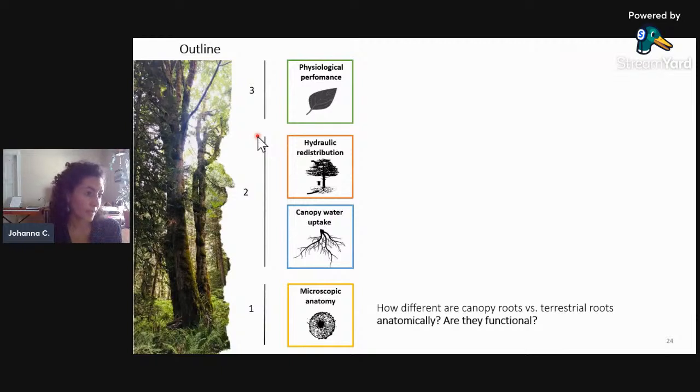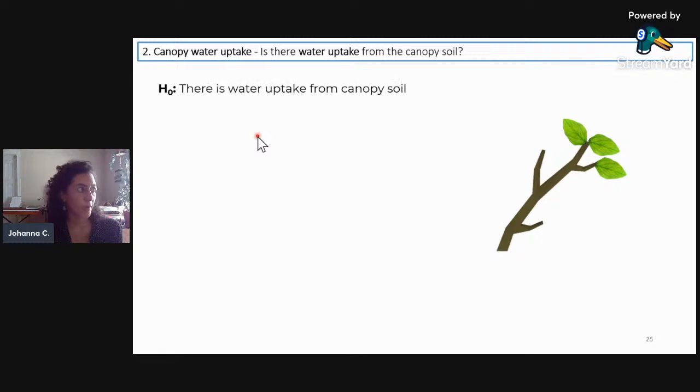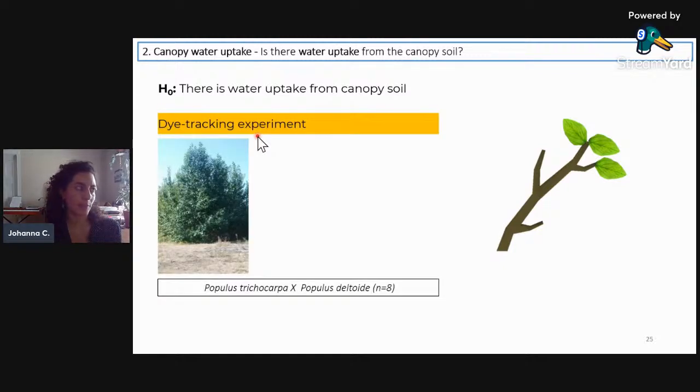Now that we assume those roots are functional, we wanted to see if they can take up water from the canopy soil. Our hypothesis is that canopy roots can take up water from the canopy soil, so we designed a dye tracking experiment. We used poplar trees from the nursery, which are hybrids between Populus trichocarpa and Populus deltoides. We applied the air layering technique that I explained before, developed the canopy roots, and built a cone system.